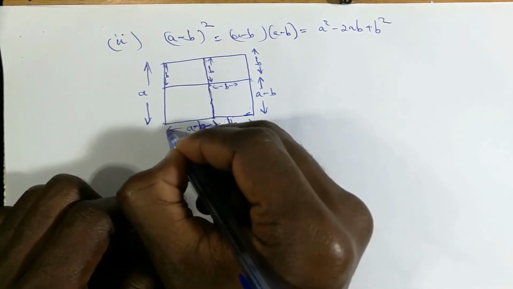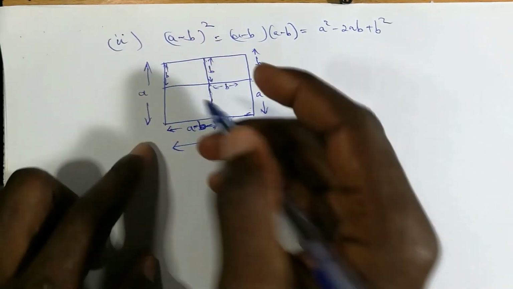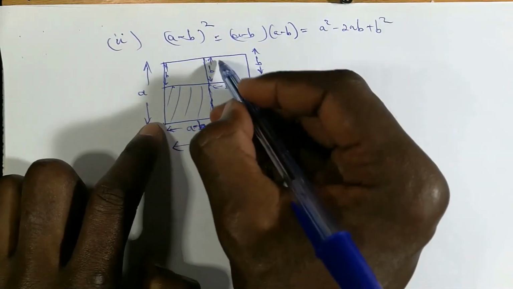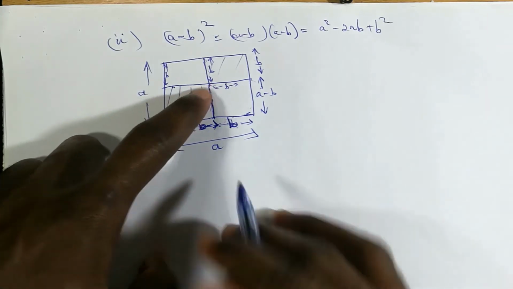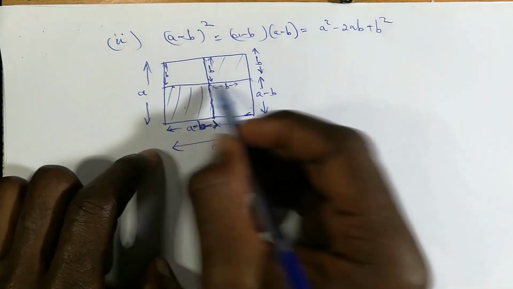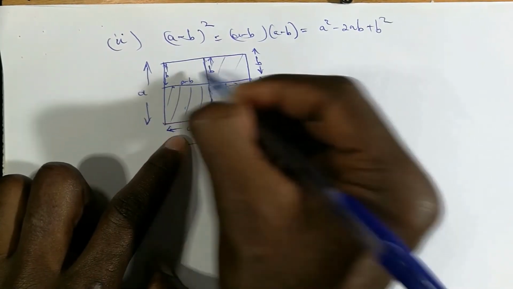I wanted to create a square here, so that we have a square here and a square here. That's a square, this was a square. Now this is a rectangle, since we have here a minus b.